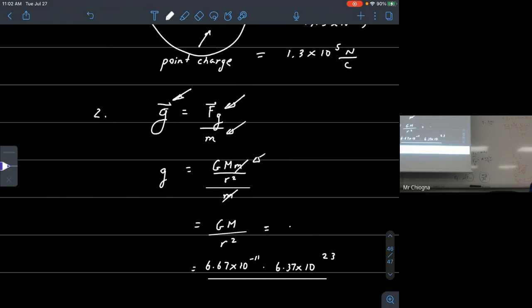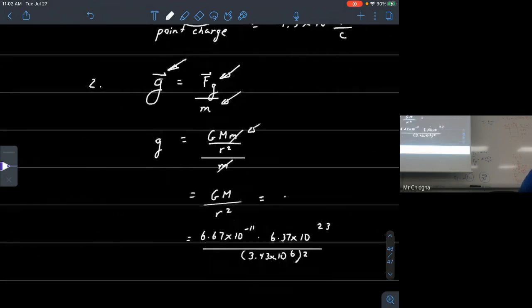The distance, again, don't forget, in this case, it's to the surface, so you're going to use the radius of the planet. About 3.5 million meters. Don't forget to square it. And that works out to be, it's not 9.8 because it's not the Earth.